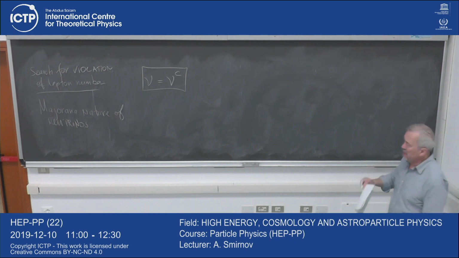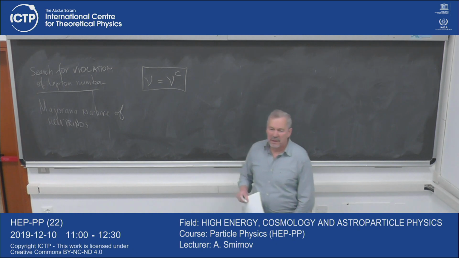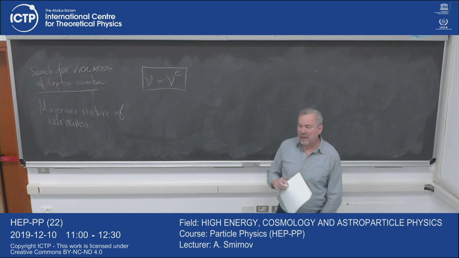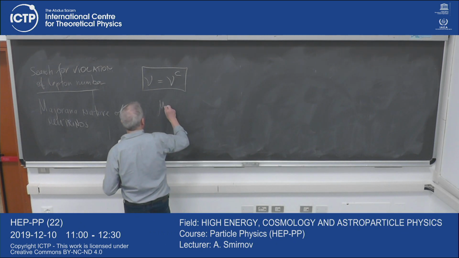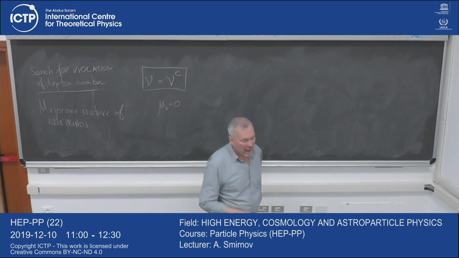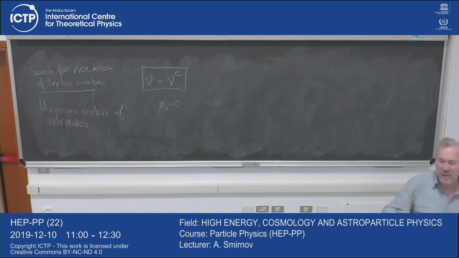Actually, this feature has been used, for instance, in the 30s to explain that neutrinos do not produce any effect in our detector, because for a Majorana neutrino, the magnetic moment is exactly 0, if you have just one neutrino, not two with mixing.